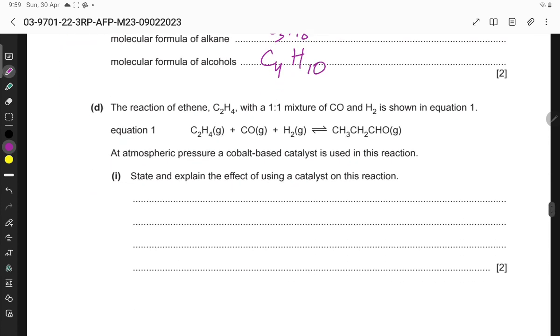The reaction of ethene C2H4 with 1:1 mixture of carbon monoxide and H2 is shown in the equation. At atmospheric pressure, a cobalt based catalyst is used in this reaction. State and explain the effect of using catalyst on this reaction.